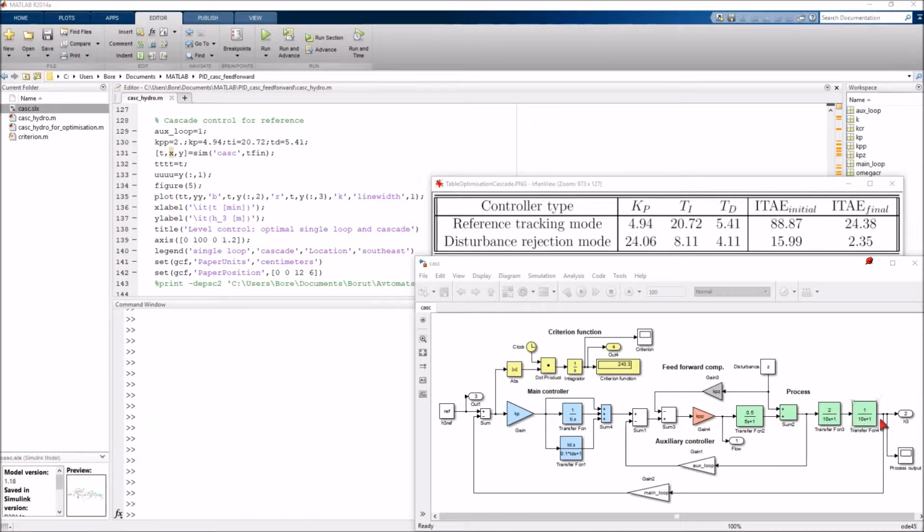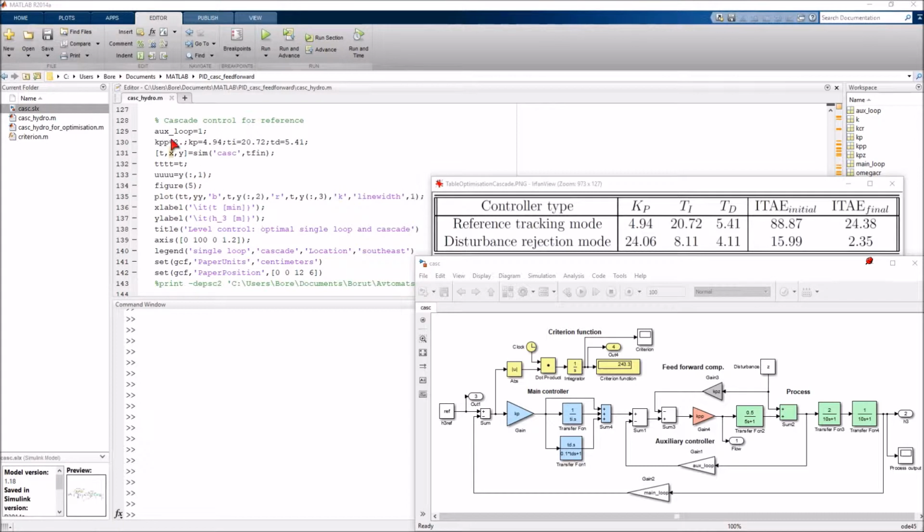Both feedbacks are active in this case, so these two parameters are set to 1. The feed-forward compensation is excluded, namely the disturbance is 0, and this gain is also 0. This is the part for the criterion function evaluation, and the reference signal is set to 1.